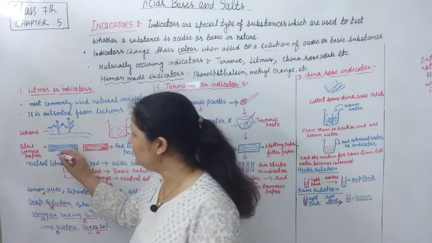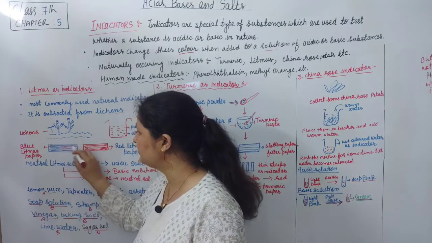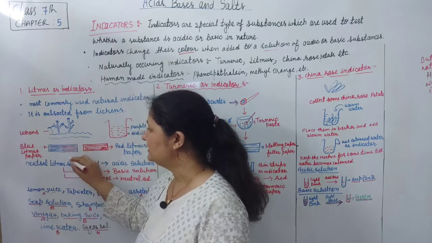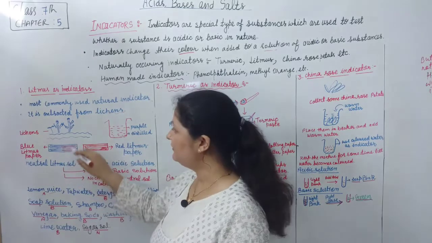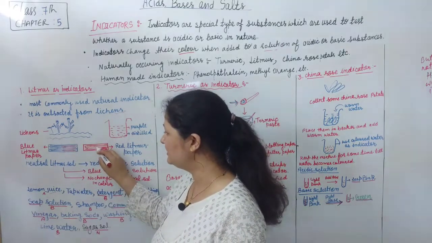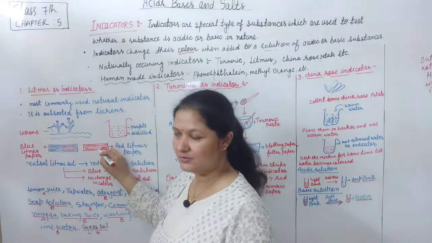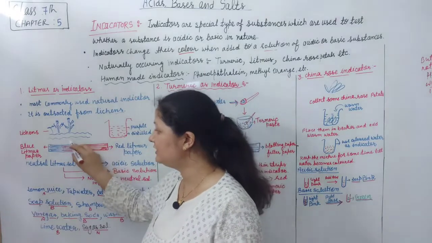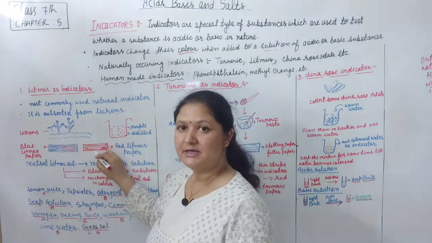If blue litmus paper turns red, it means this solution is acidic in nature. And if we add the same lemon juice solution on red litmus paper, then red litmus paper remains red. So in acidic solution only blue litmus paper turns red and red litmus paper remains red.